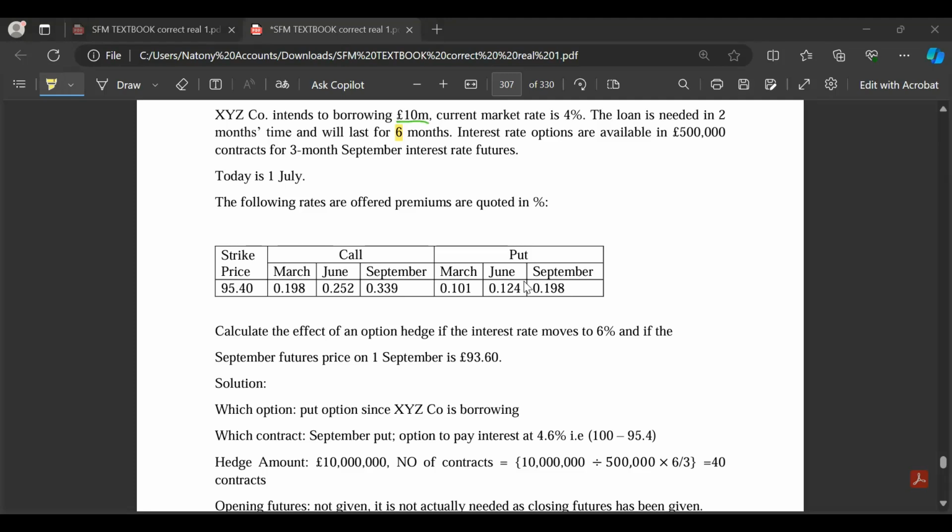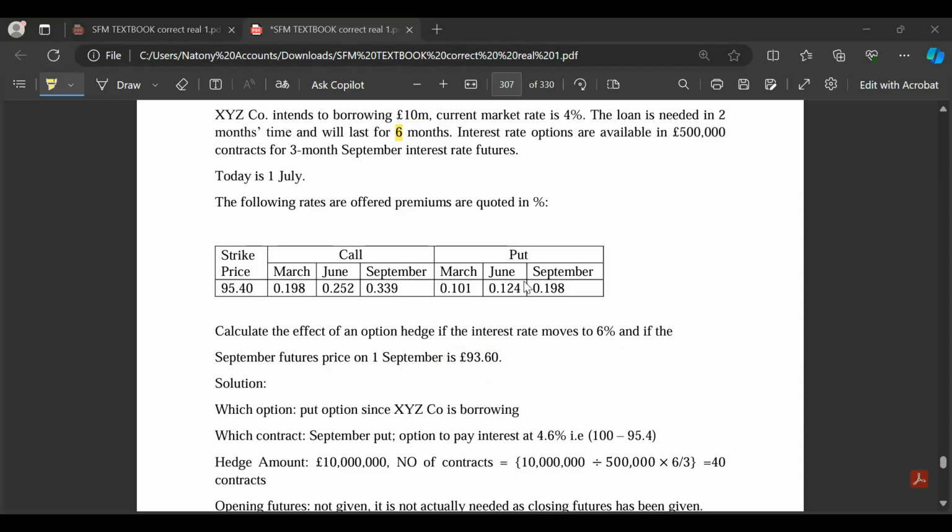September futures on 1 September is this. The transaction date is on 1st of September. So your examiner has already given you the closing futures price, which is 93.60. So there's no need calculating the closing futures price again.